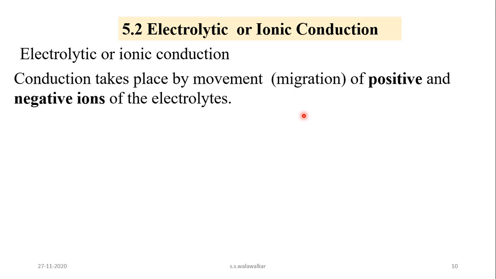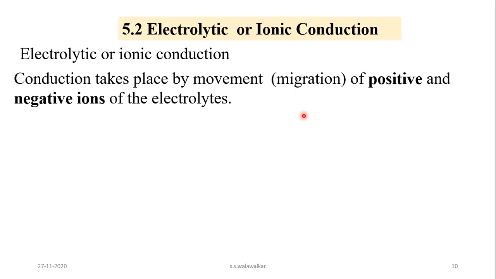Electrolytes are those substances through which electricity flows, such as strong electrolytes like HCl and NaCl, that is, molten ionic salts. They can act as electrolytes. Strong acids, strong bases, weak acids, weak bases, all these can act as electrolytes.